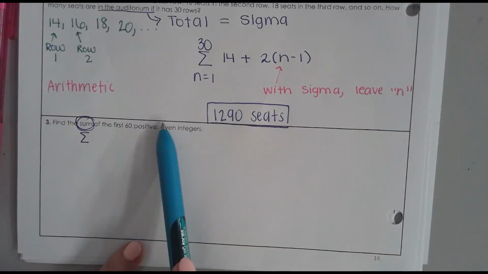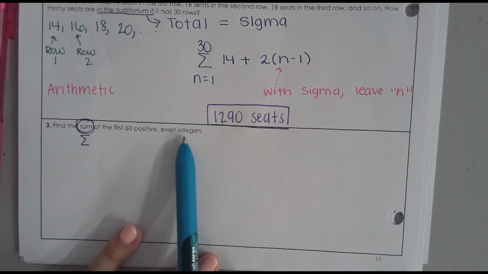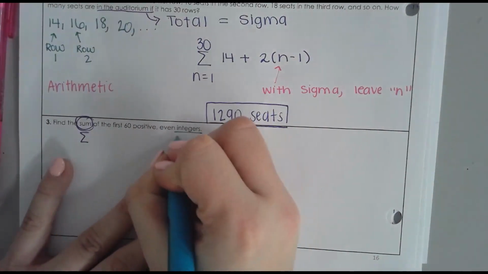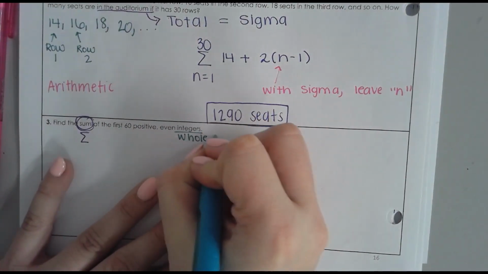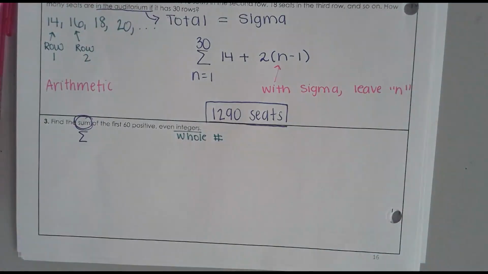Even numbers are like 2, 4, 6, 8, 10, and so on. And then integers, that's basically just a whole number, right? Which you assumed that anyway.